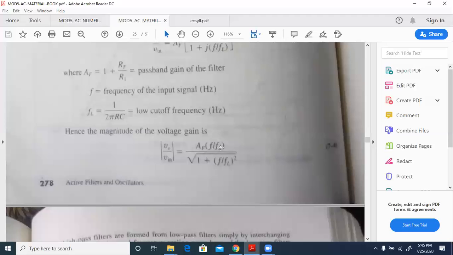Only, earlier we had AF by root of 1 plus F by FH whole square. Now what we have is AF into F by FL divided by root of 1 plus F by FL whole square, or AF divided by root of 1 plus FL by F whole square. Either of the two you can use as the formulas. Fine. So you just need to substitute that and try to do that.